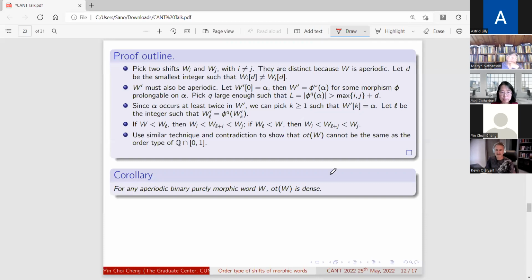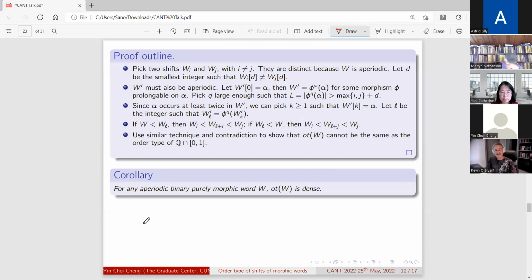So I know that I'm running out of time. So here's a quick comment about the Fibonacci word. So we know that the order type of shifts of the Fibonacci word must be dense because of the theorem. But which order type does it have out of the three?